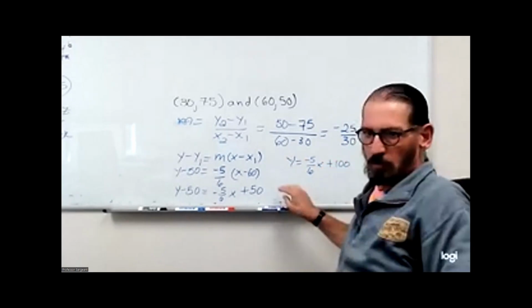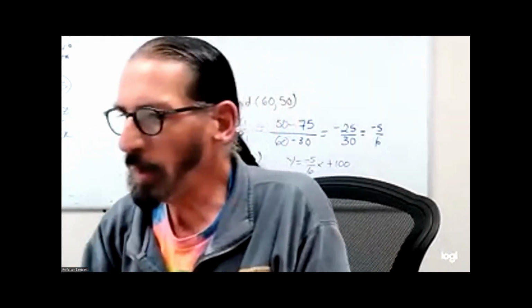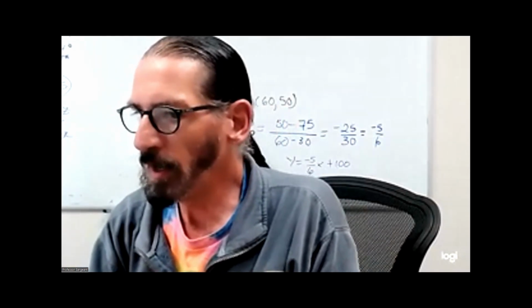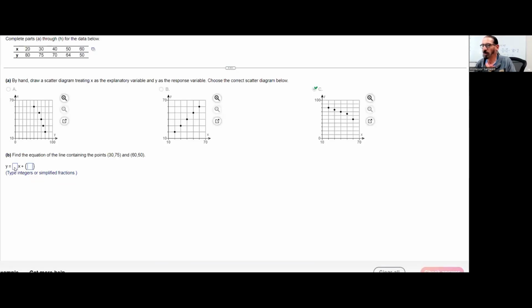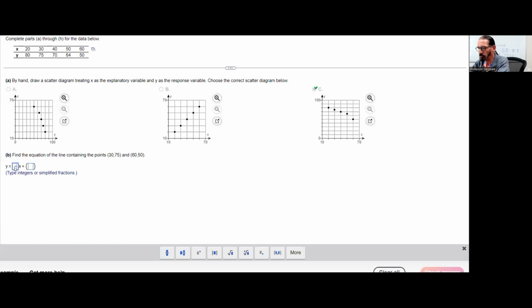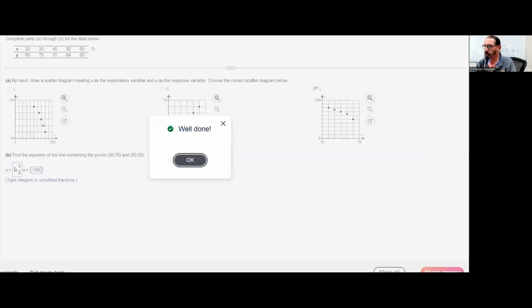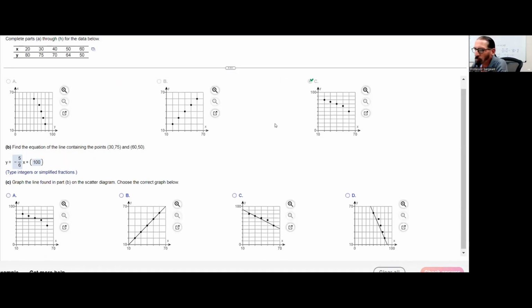So let's plug that in and see if my lab agrees with that. Here we go. Type integers or simplified fractions. Okay, they already have the x there. And here's our y-coordinate of the y-intercept. And it's good. So we picked choice C back here.